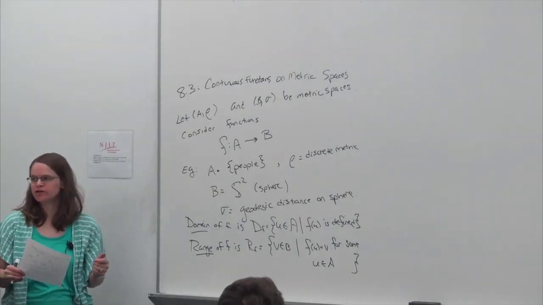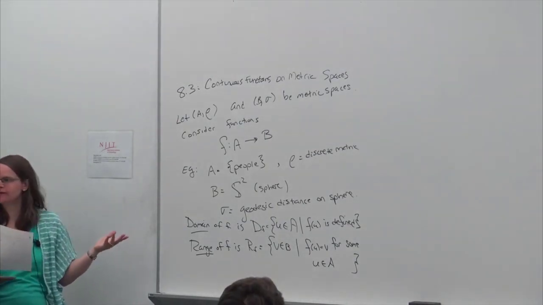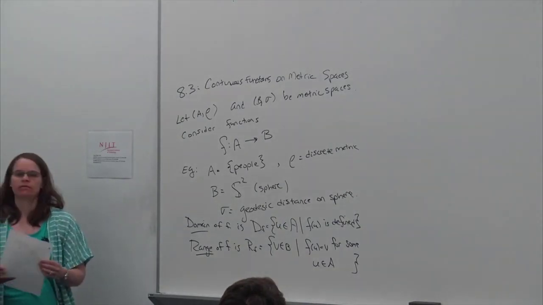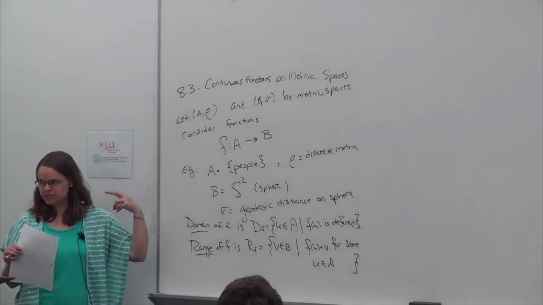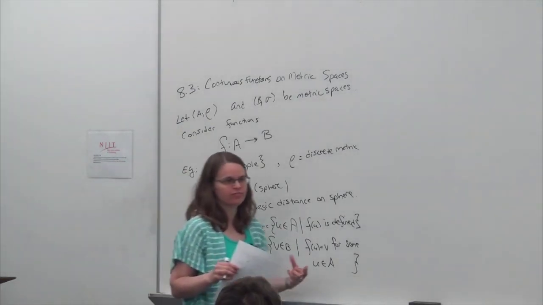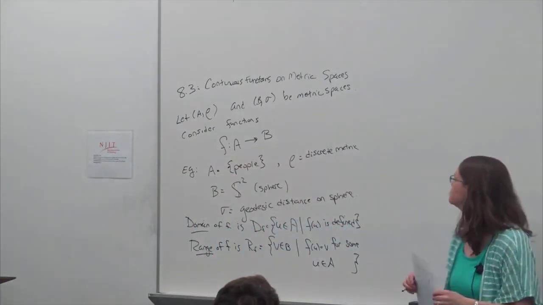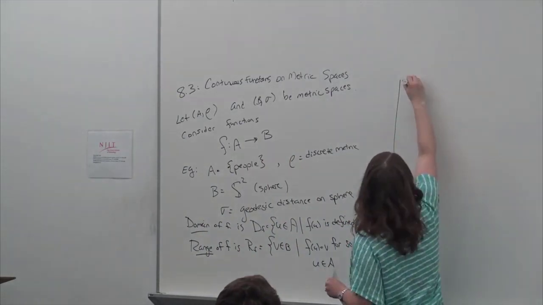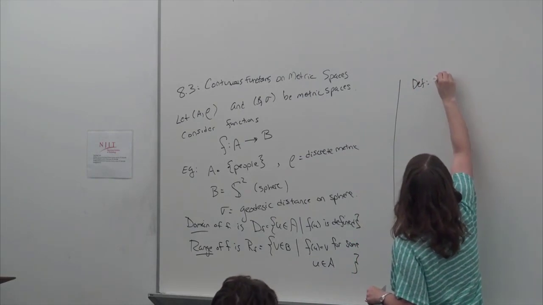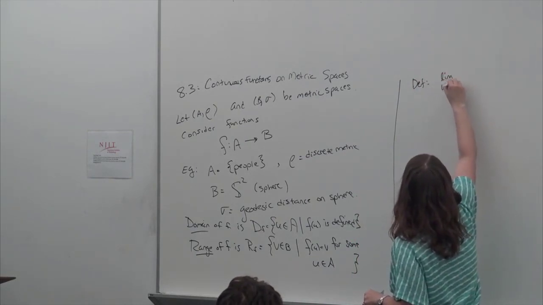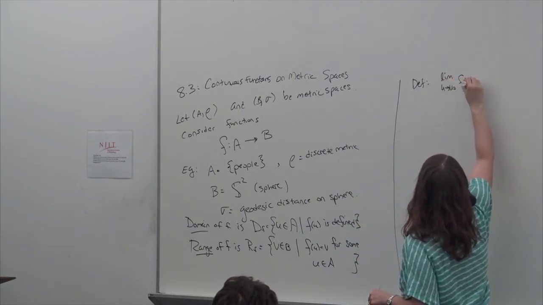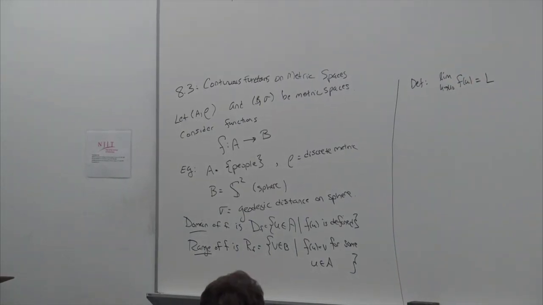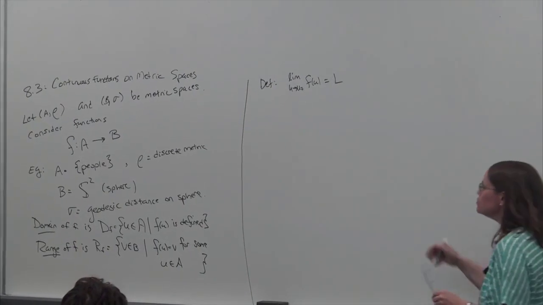Okay, we can write down the definition of the limit. You already know how to write down the definition of the limit. We've written it down plenty of times. We just need to write everything in the language of metrics now instead of subtraction. Okay, so the limit is equal to L if, and now usual definition.